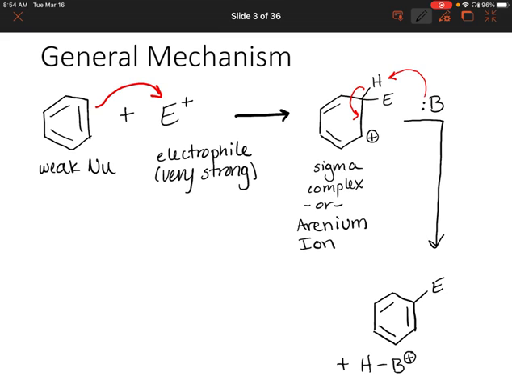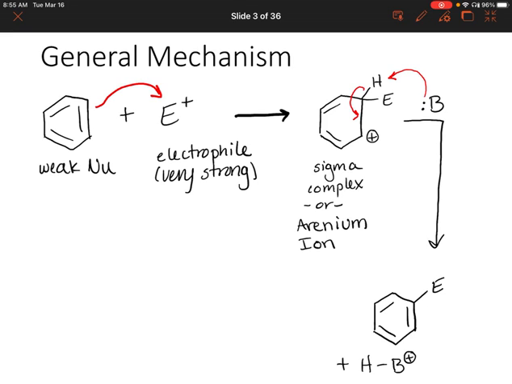And we're also forming the conjugate acid of our base. All right, so this will be the general mechanism for, again, all of the reactions that we're discussing here. So the electrophilic aromatic substitution reactions.